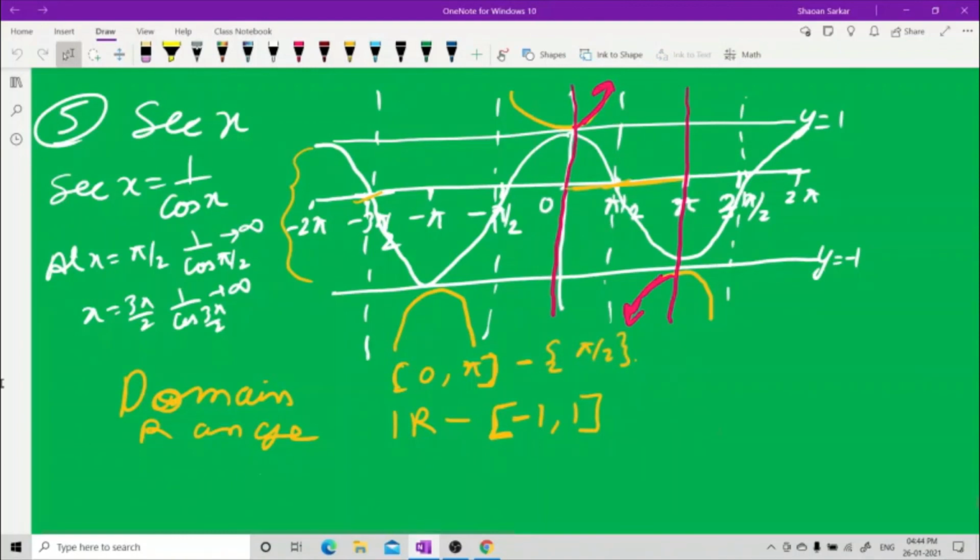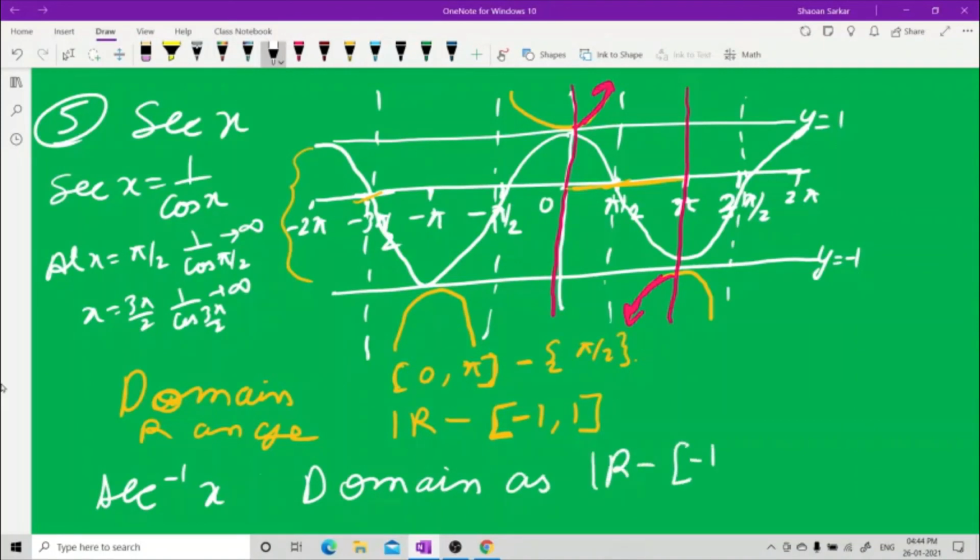So in case of sec inverse, everything will just interchange. Wait a minute. Sec inverse x will have a domain as R, from which -1 to 1 will be removed.